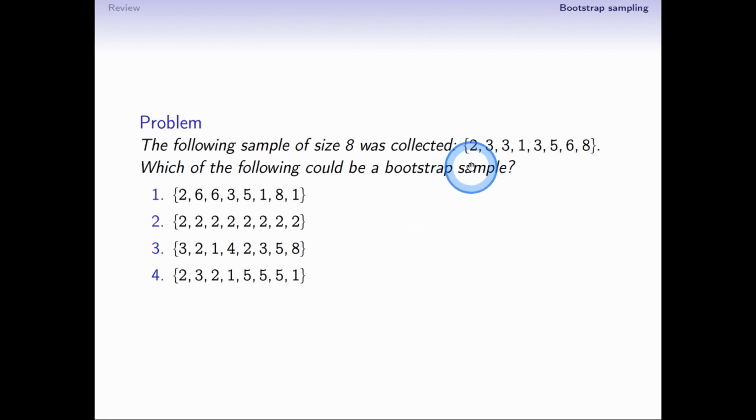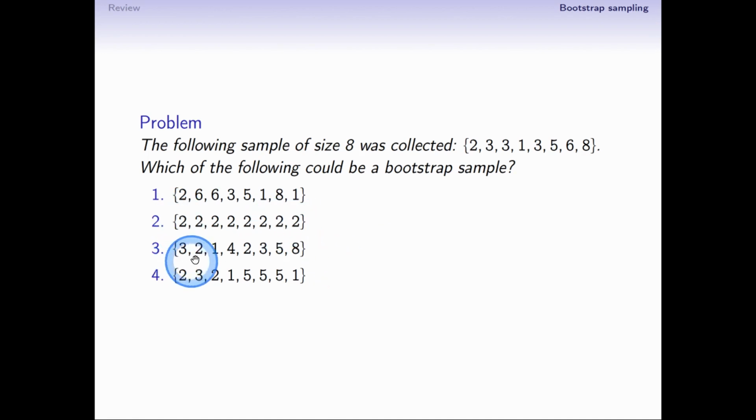Remember, when we sample with replacement, we could select a 2, but we would put that 2 back in, and we could resample that same 2 a second time. In fact, what happened here was that element 2 got chosen each and every time that we reached back into the original sample to draw out the next element. So in fact, this is a valid bootstrap sample.